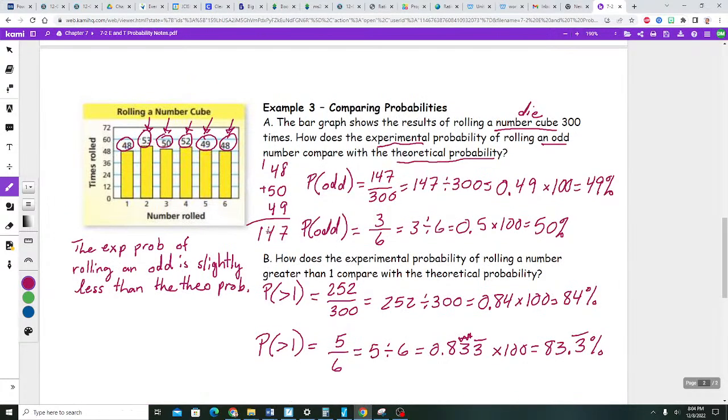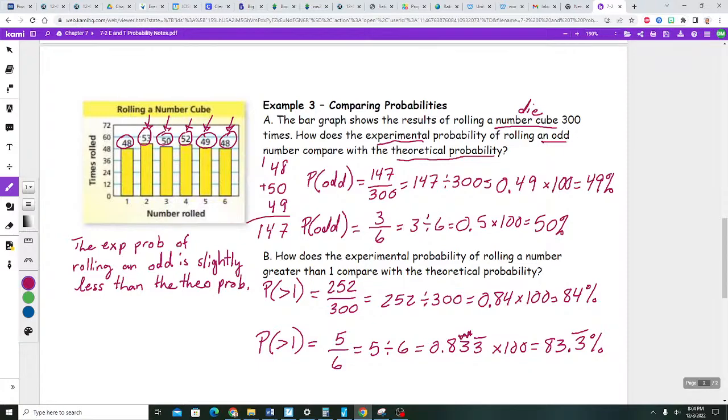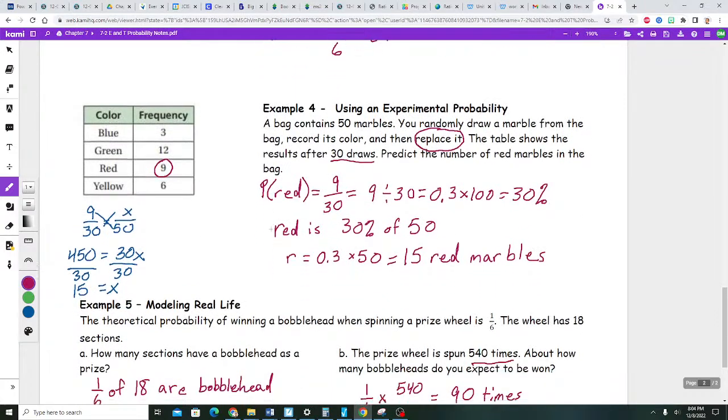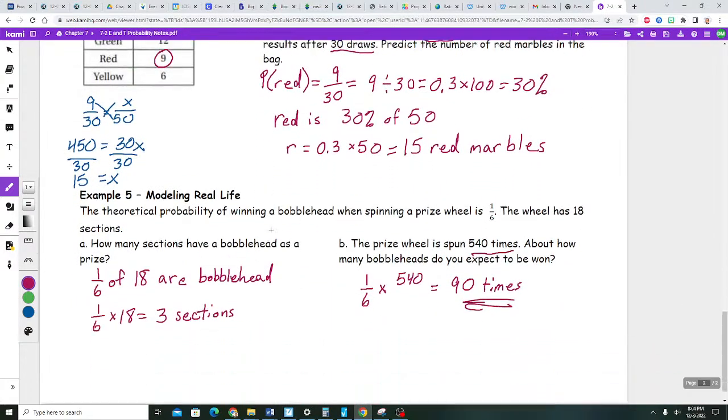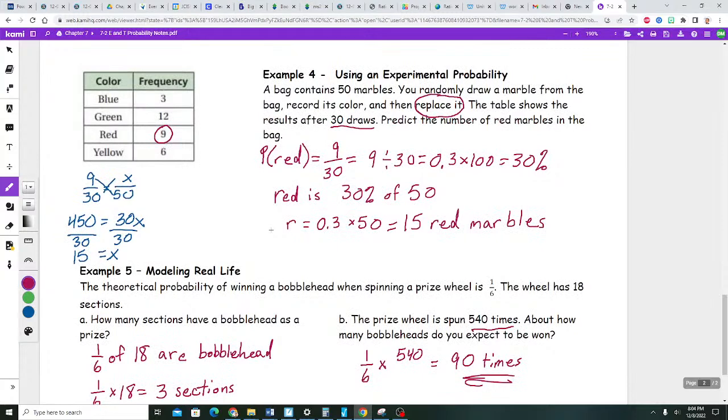Some things we can't predict theoretically, or not very easily, but we can do experimentally. And then down here we see that we can use experimental or theoretical probability to make predictions to help us move forward on various other things in life. All right, those are your notes.